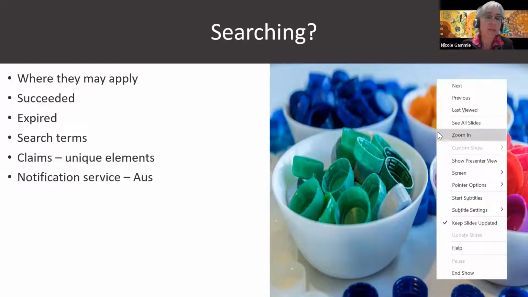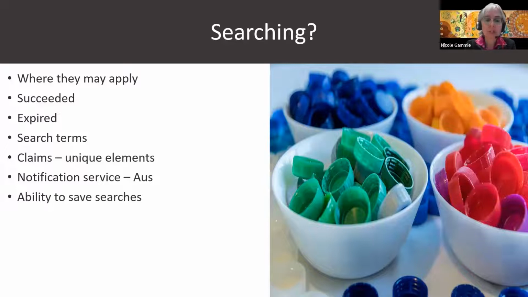Basically, this means you can be notified if there are any changes to the patents you're interested in keeping an eye on, so if any additions have been made or something has been tweaked, you can actually get a notification of those changes. And on the websites too, certainly the Australian ones, you've got the ability to save searches. So you can have a look now and then come back later and follow that up should you need to.